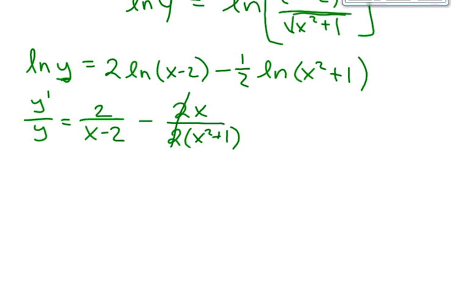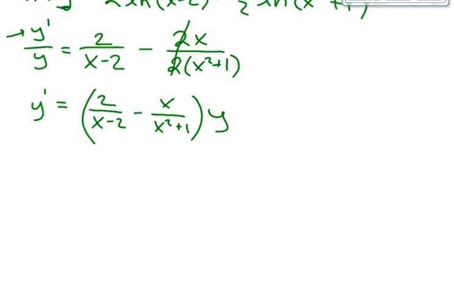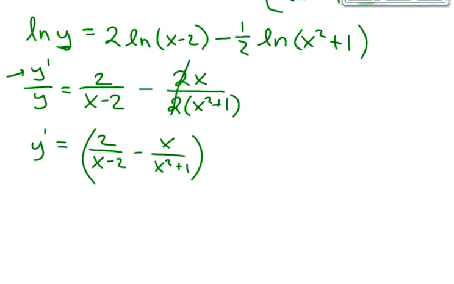So now I'm almost done, but I want just y prime by itself, and it's being divided by y. So all you have to do is simply multiply this whole thing by y. But when you do that, you want to have everything in terms of x and y. And what's nice about that is that you have an equation for y that was given to you at the beginning.